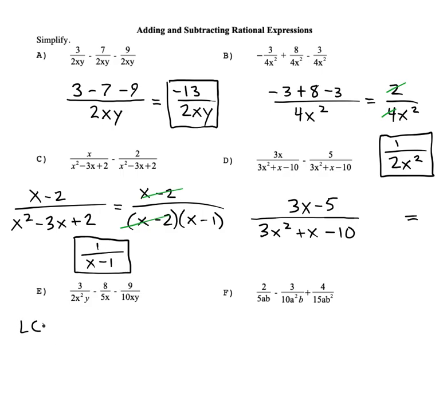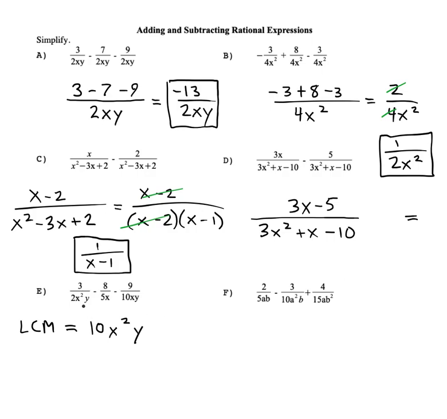So the LCM, least common multiple, for these three denominators will then be 10x squared y. So the reason for this is 2 times 5 will make 10, 5 times 2 will make 10, and then 10 times 1 makes 10. So 10 is the least common multiple of those three numbers.